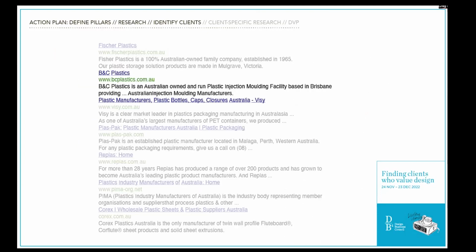Online research, we're saying plastics industry, manufacturing, Brisbane, because this agency is based in Brisbane. There are about 4 of them. B&C Plastics came up near the top. They're amongst a whole lot of other manufacturers who do business in Brisbane, but they're not actually located in Brisbane.